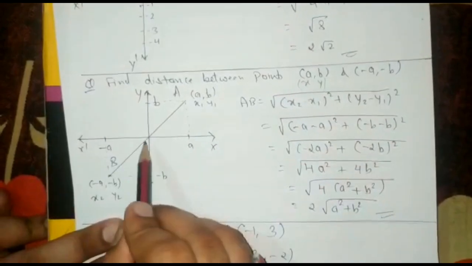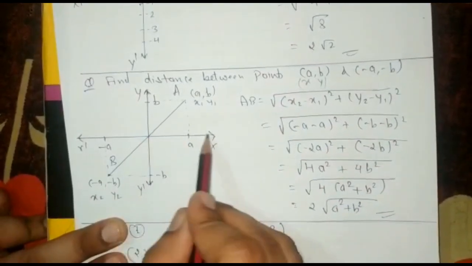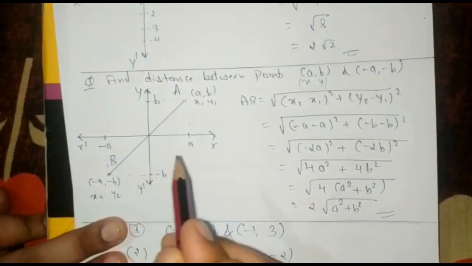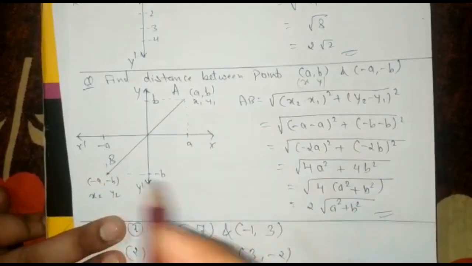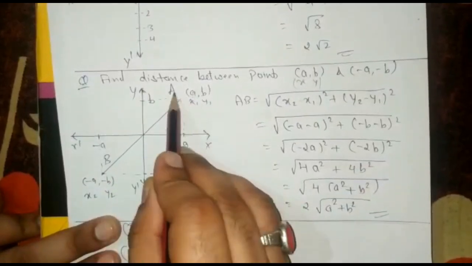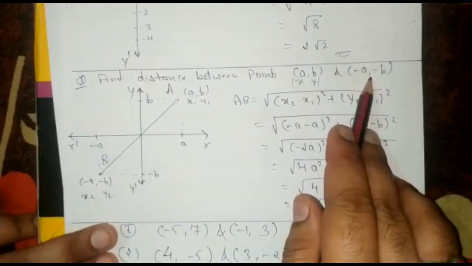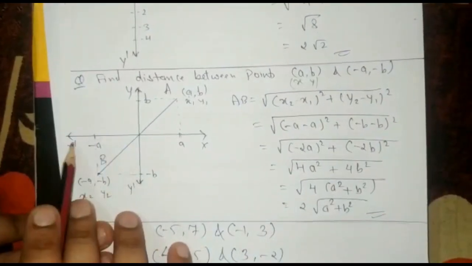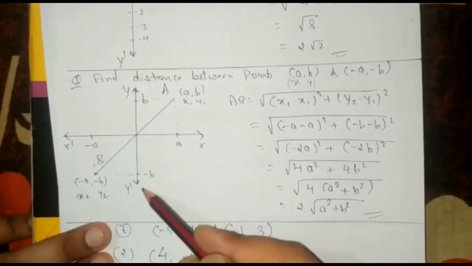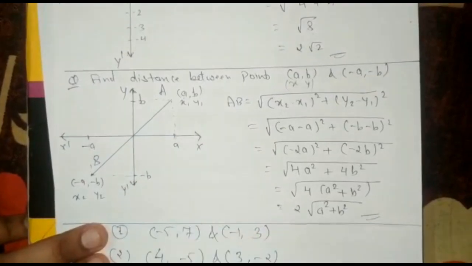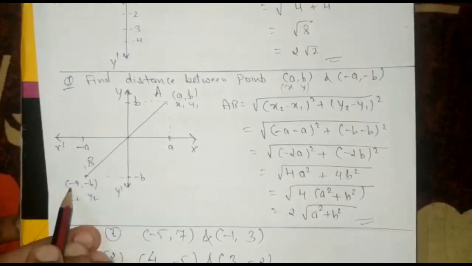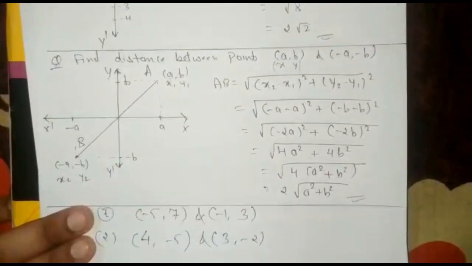A is positive, so on the x-axis on the right-hand side we locate a, wherever we want, because we don't have the exact distance between the points. On the y-axis we locate b, so we get the point (a, b), that is point A. The other point is (minus a, minus b). On the left-hand side of the x-axis from the origin we locate minus a, and below the origin on the y-axis we locate minus b. The point will be located here, and we have to find the distance between A and B.